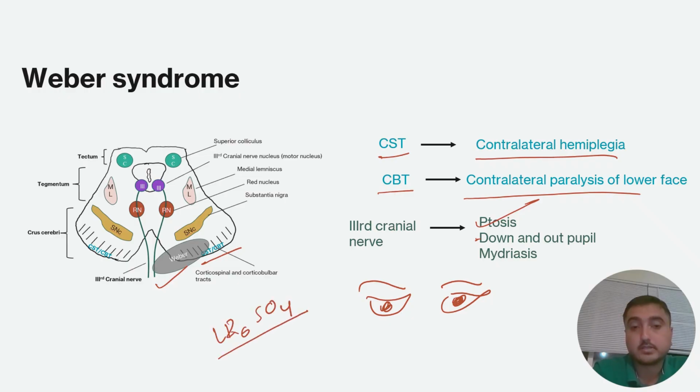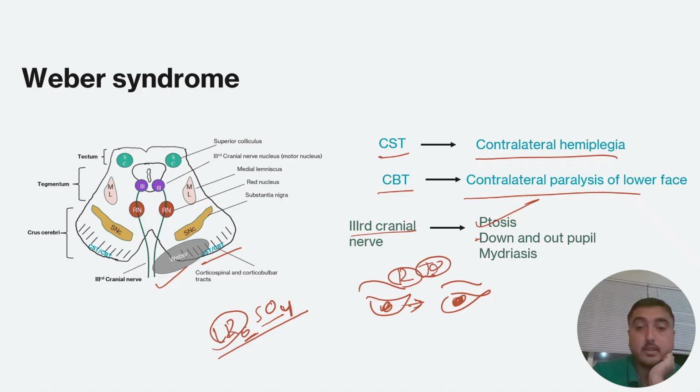We have this mnemonic LR6SO4. Lateral rectus is supplied by the sixth cranial nerve, and the superior oblique is supplied by the fourth cranial nerve. So since we are losing the supply to the eyes via the third cranial nerve, the medial rectus will be paralyzed. So for example, if the right eye is involved, the medial rectus of the right eye is paralyzed, and the inferior oblique is also paralyzed.